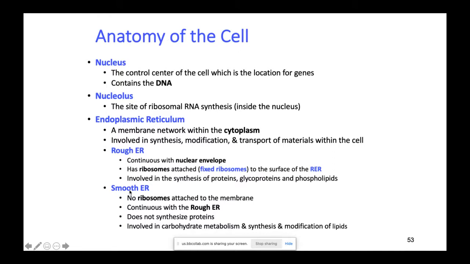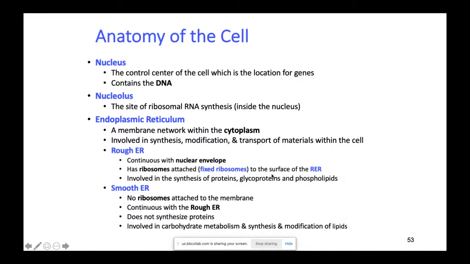Now let's look at the difference between the smooth and the rough endoplasmic reticulum. The rough endoplasmic reticulum was continuous with that nuclear envelope. Remember, you had a nucleus, you had the nucleolus deep to it. So you had the pit, which was the nucleolus, then you had the nucleus, then you had the nuclear envelope, and the rough endoplasmic reticulum was continuous with that.